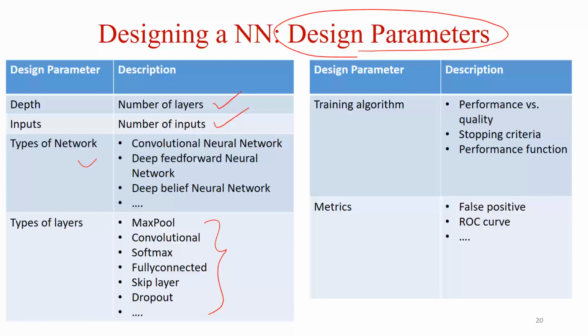So basically, in essence, neural network design sounds like a menu in a fancy restaurant, and you have all these options for you to choose from, but obviously not any combination of options will give you optimum performance.